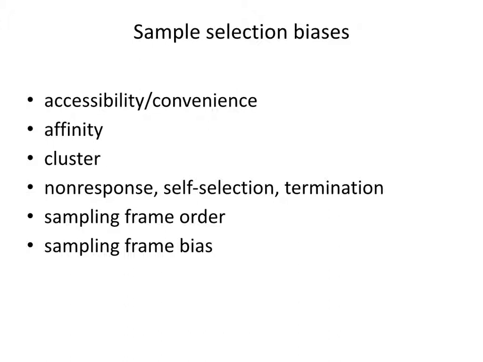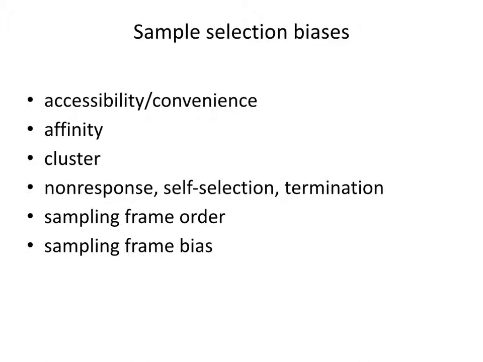It's very difficult to be assured of that, but as mentioned earlier, one check on that is to take measures from the sample and compare them to known measures in the population, measures of demographics, for example.